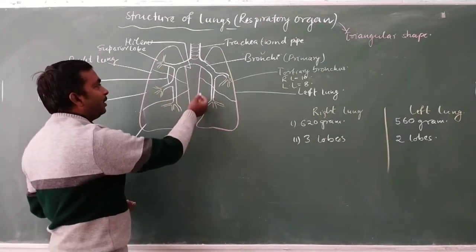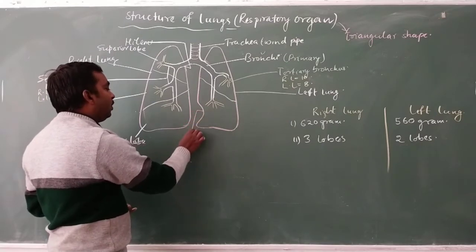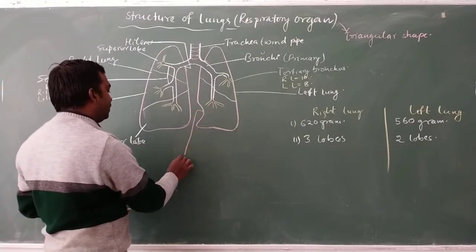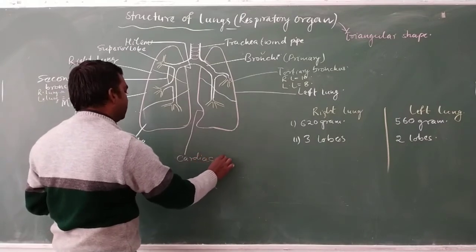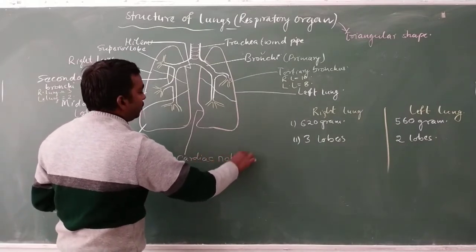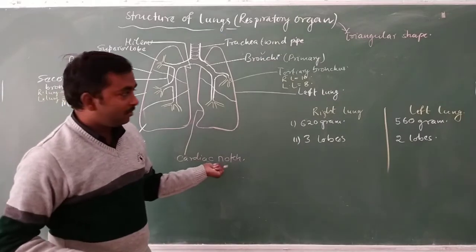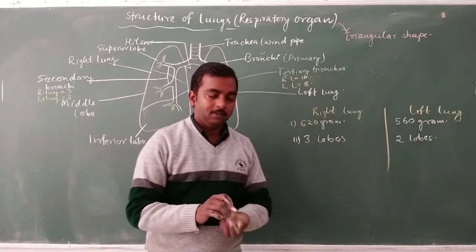And in the left lung there is a notch which is known as the cardiac notch. This is also a basis of difference between the right and left lung.